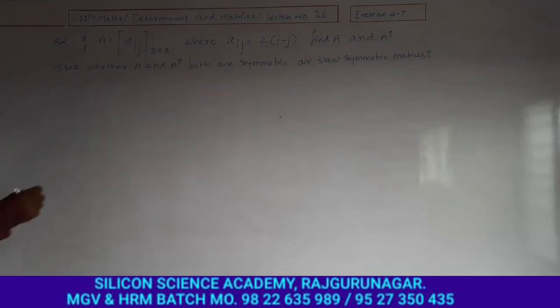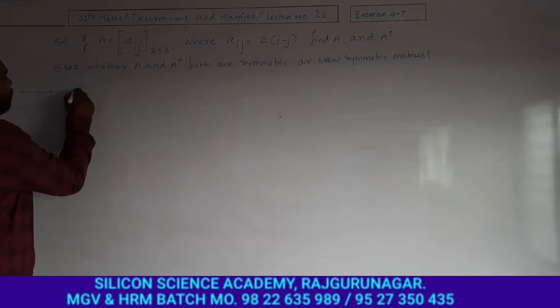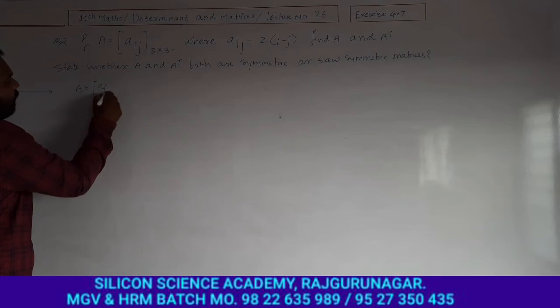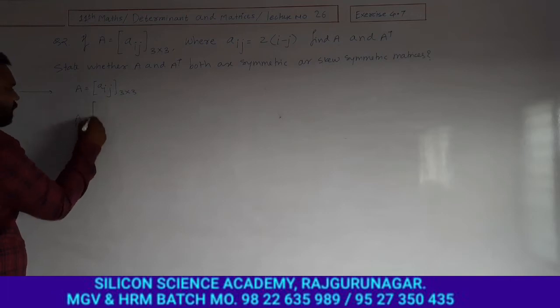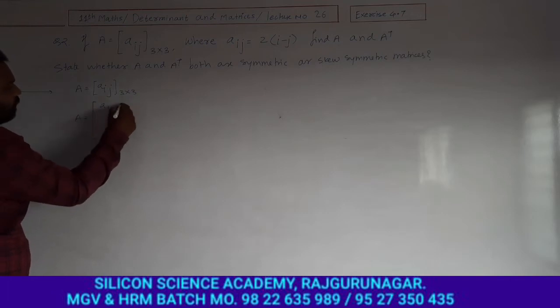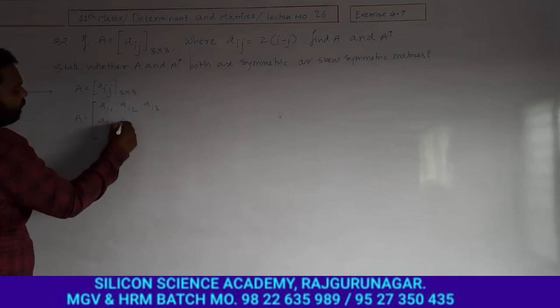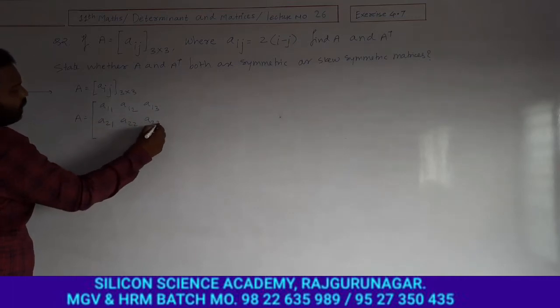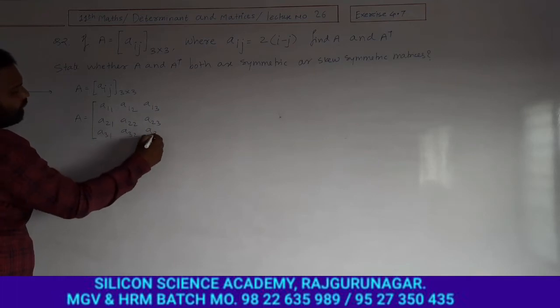Now see the answer. A is equal to [Aij]. The order is 3 by 3. That is, matrix A has A11, A12, A13, A21, A22, A23, A31, A32, A33.